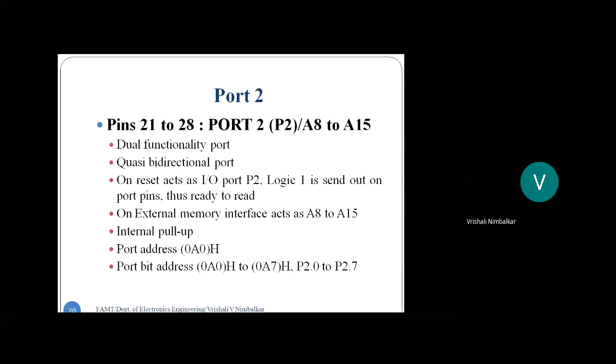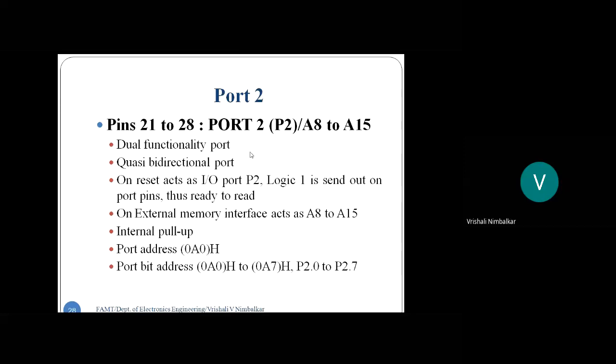Now, if you all remember, the microcontroller has 16 address lines, A0 to A15, and 8-bit data lines, D0 to D7. Out of that, port 0 had A0 to A7 addresses. Port 2 has A8 to A15 addresses. And because of this address and data bus, we can interface external memory to the microcontroller.